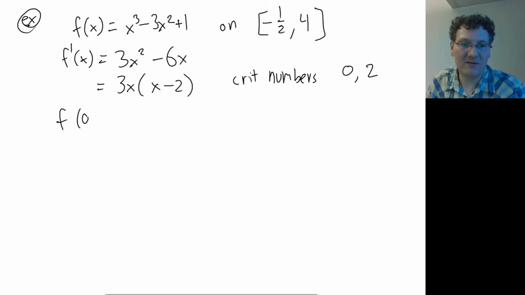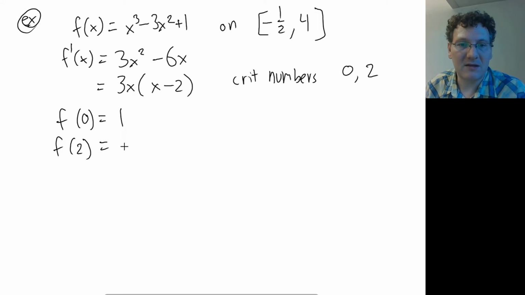And so you evaluate them all. f of 0 is going to be 1. And f of 2 is 8, minus 3 times 4, which is 12, plus 1, so that's going to be -3.